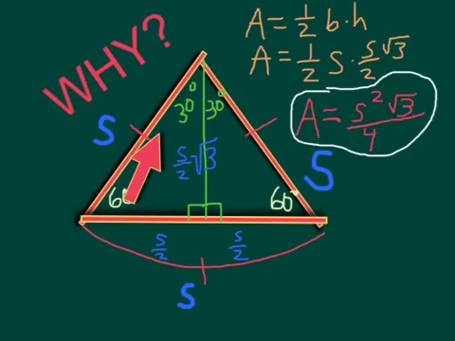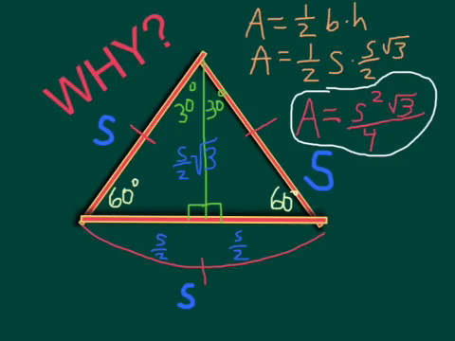And then the side across from the 60 is going to be whatever the side across from the 30 was times the square root of 3. So this is a messy picture, but basically when you simplify it, you're coming up with a triangle that has an altitude that's S over 2 times root 3, a base of S, and we have other information as well.